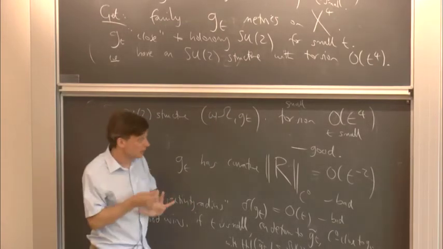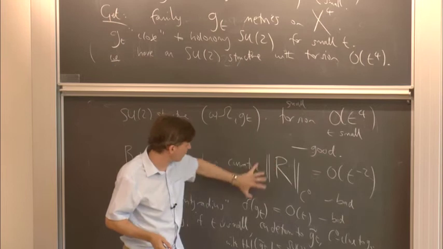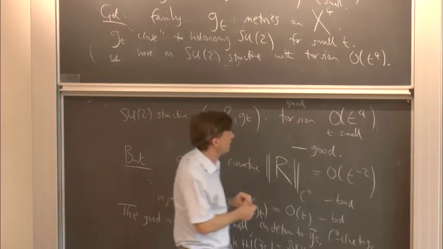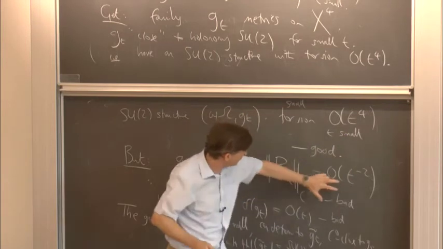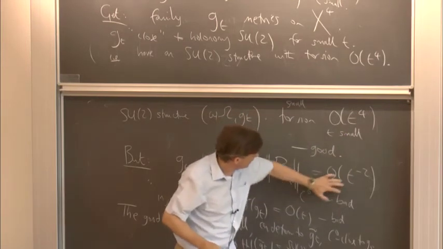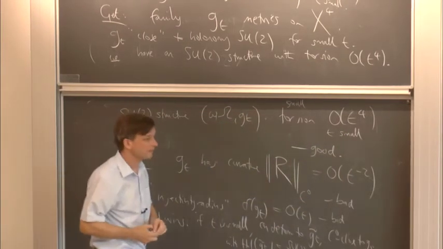And then you have to work on this nearly singular manifold, and it turns out that basically this power 4 is large enough that it overcomes these powers here.